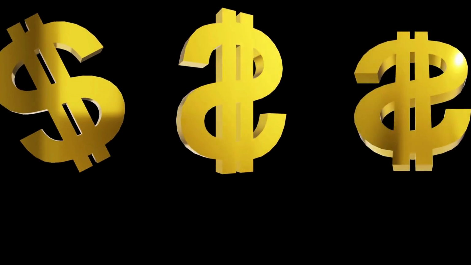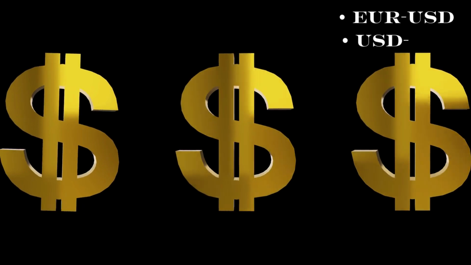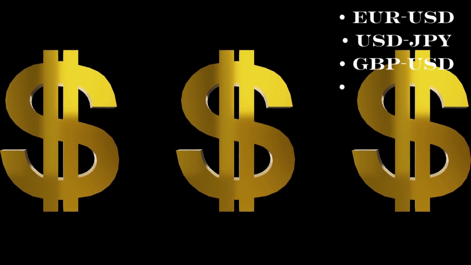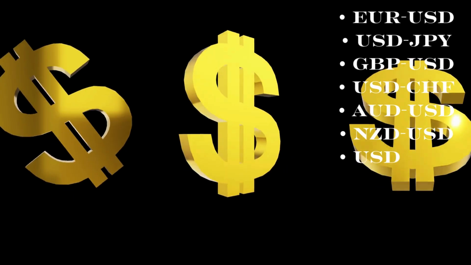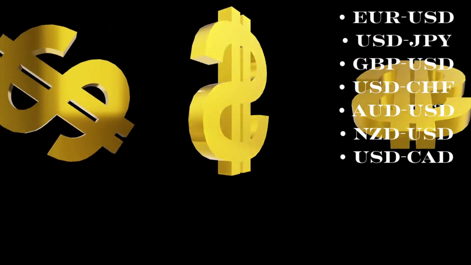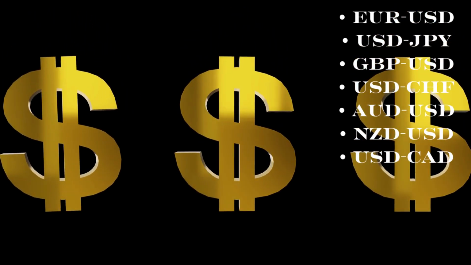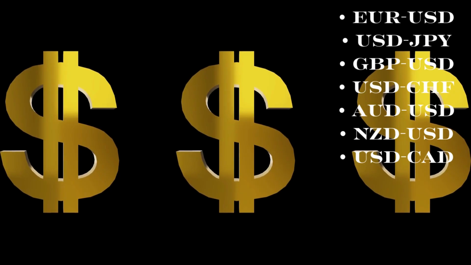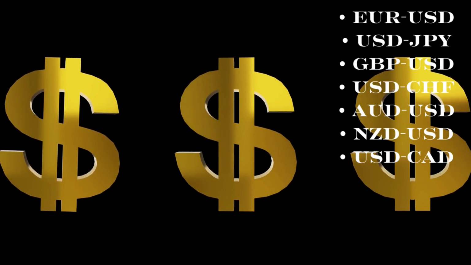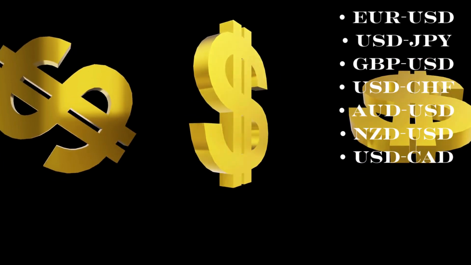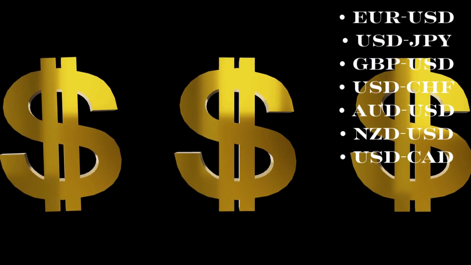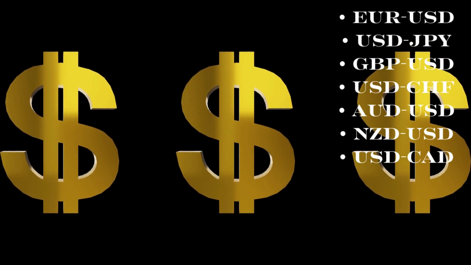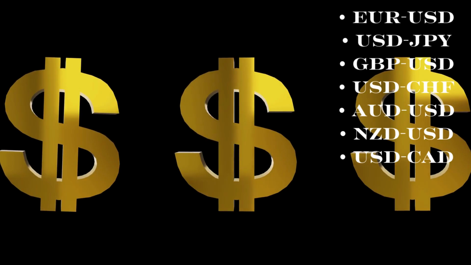Here are the most common major pairs: Euro-USD, Euro-US dollar, USD-JPY, US dollar Japanese yen, GBP-USD, British pound US dollar, USD-CHF, US dollar Swiss franc, AUD-USD, Australian dollar US dollar, NZD-USD, New Zealand dollar US dollar, USD-CAD, US dollar Canadian dollar.